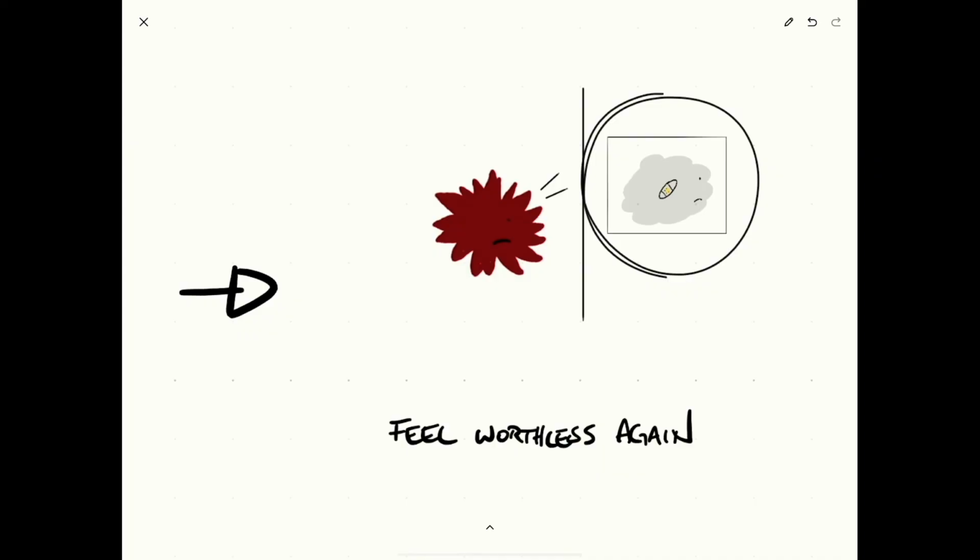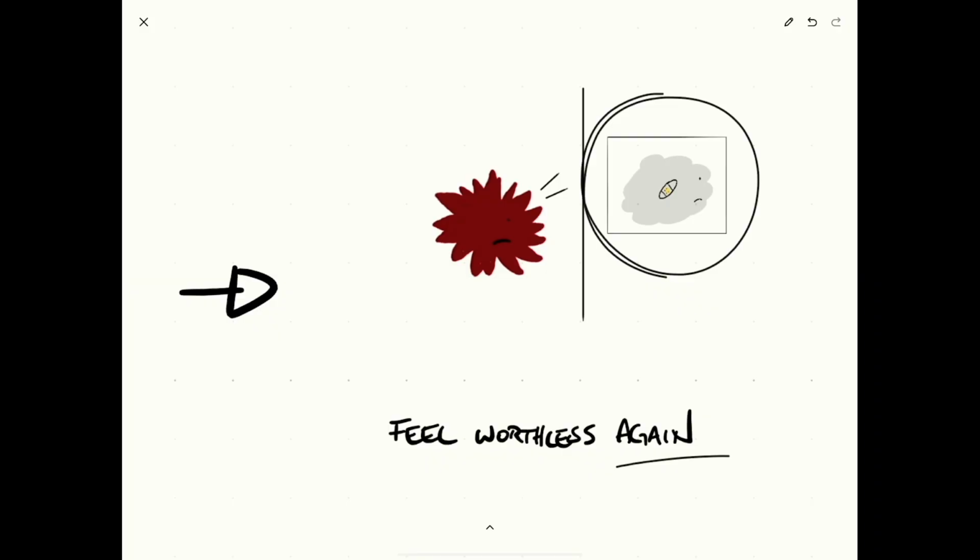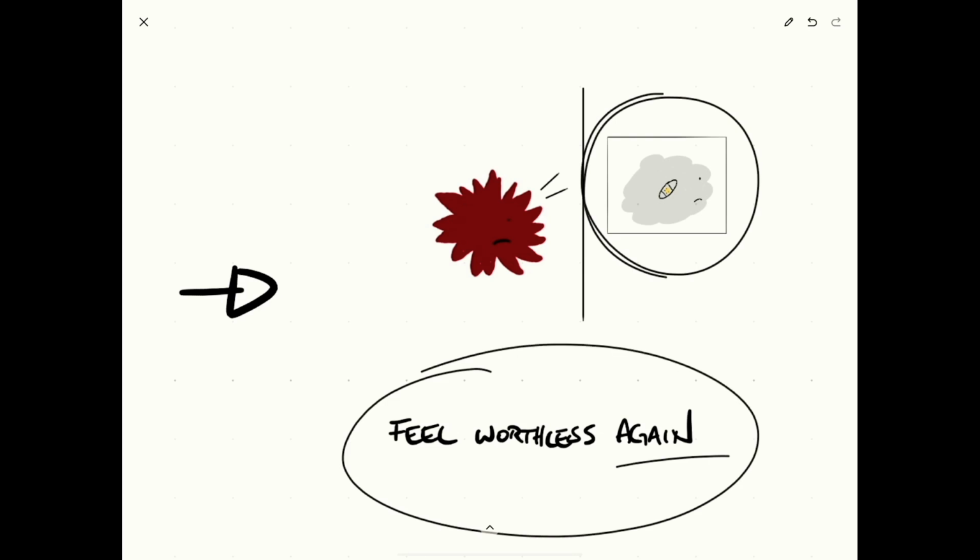Feel worthless again. And that touched her, and she shared that with the part, which again is building that relationship, befriending. And the part was happy to see it touched her, it reached her, what he's been trying to avoid for so long. But the fear is feeling worthless again.